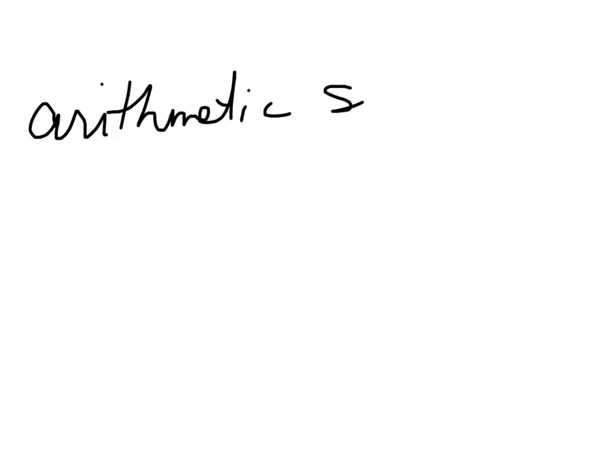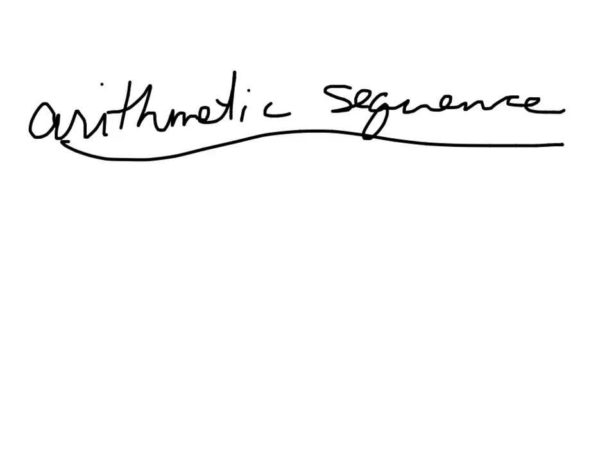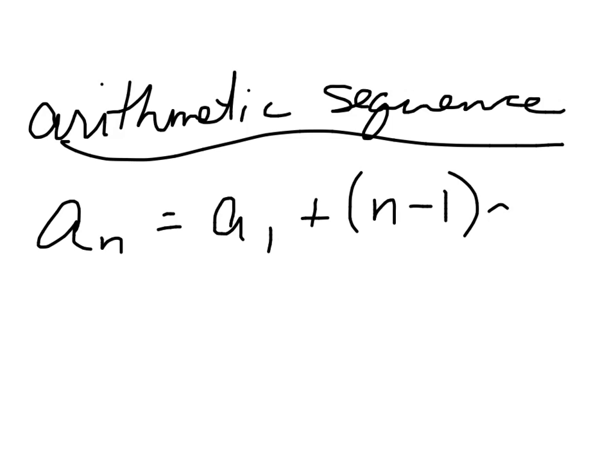Then, as far as writing the rule, an arithmetic sequence has a formula for any of them that we can find. Here's the formula for this. All we're going to do is we're going to insert the numbers where they belong, and we've got our formula.